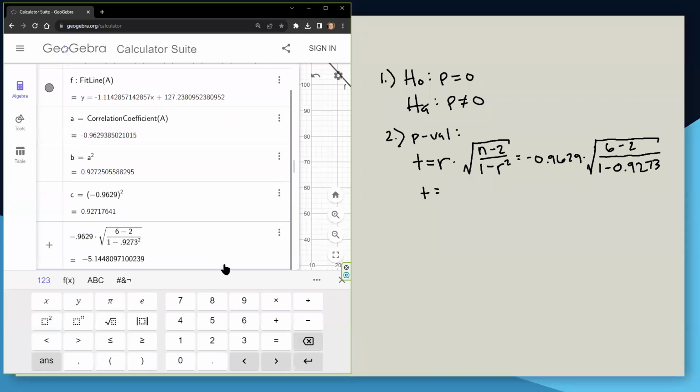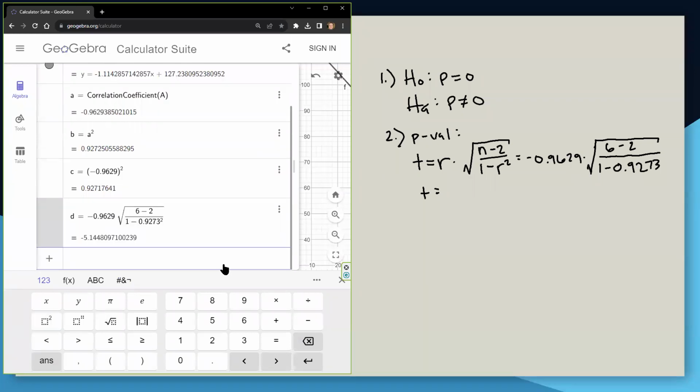So you can see the work there, and we get a negative test statistic, which makes sense because we have a negative r value out in front of that square root. So our test statistic is negative 5.1448.